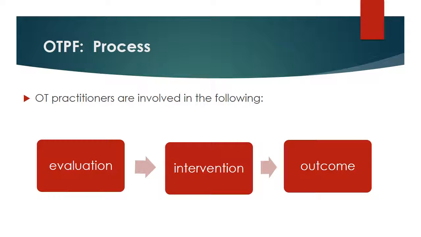Again, just to emphasize this point, the occupational therapy practice framework outlines process by taking a look at the 3 different steps of the OT process. Evaluation is the first step, intervention is the second step, and then outcome is our third step.